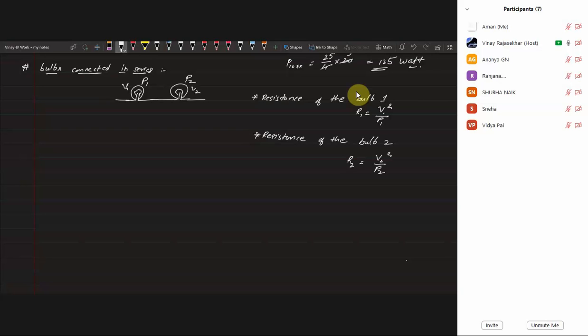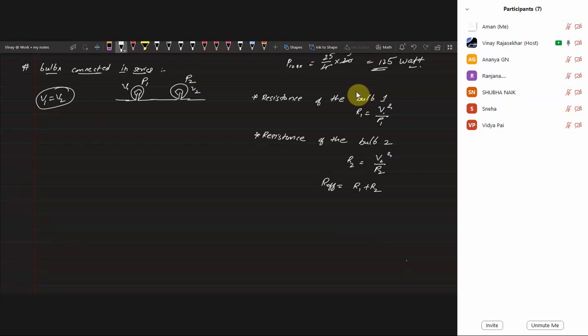Now suppose both the bulbs have the same rated potential, that is, the rated potential of the first bulb is equal to the rated potential of the second bulb. In that situation, the effective resistance can be taken as R1 plus R2.